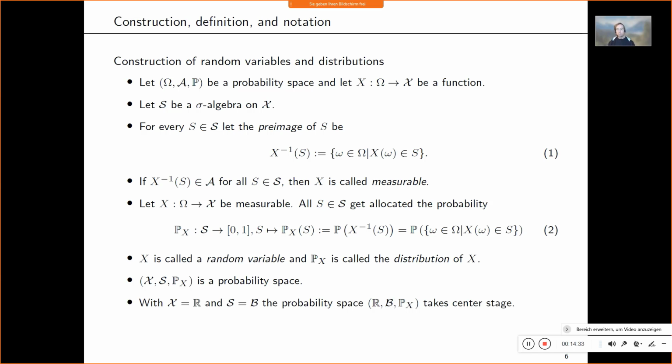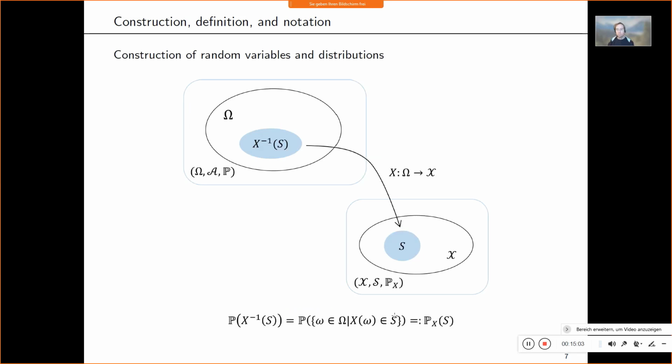And if we make the additional assumption, for example, that X are the real numbers, and that the sigma algebra on this outcome space X is the Borel algebra, then it's this probability space of the real numbers, the Borel sigma algebra, and this distribution of X that takes center stage in probabilistic models. So before we go a little bit more into depth there, or mention some additional aspects of this.